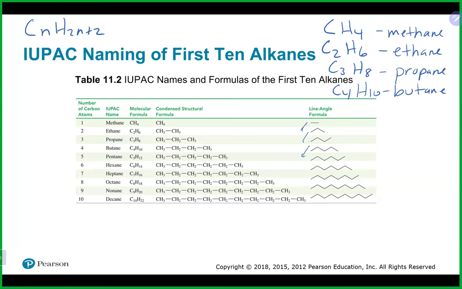Once you get to about 5, if you remember the prefixes we used for type 3 guys, like penta, hexa, hepta, those come into play at this point.